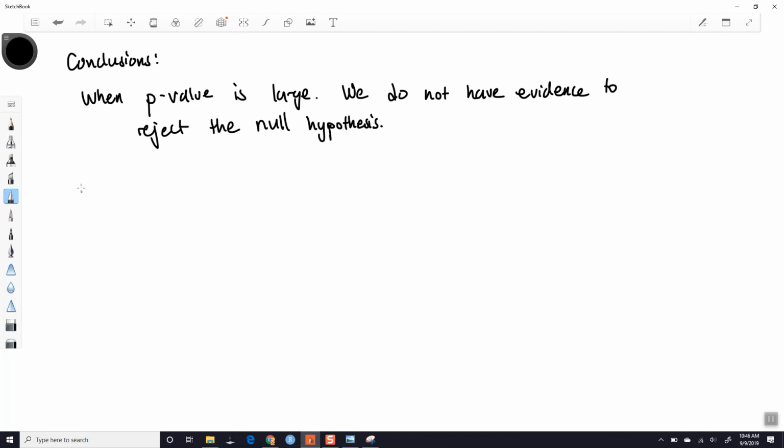And when the p-value is small, okay, so again, p-value is the probability of our data if the null hypothesis were true. So if the probability of our data is large, we don't have reason to doubt the null hypothesis. And on the other hand, if the p-value is small, we say we have evidence to reject the null hypothesis.